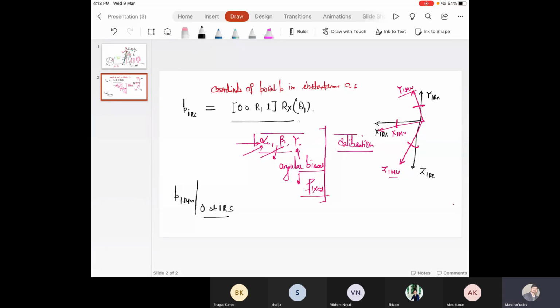We are rotating the axes of the instrument reference system by alpha naught, beta naught, and gamma naught to match them with the IMU body coordinate system axes. So the coordinate of point P is in the IMU body coordinate system, but we are not shifting the origin. The origin is still at the instrument reference system.